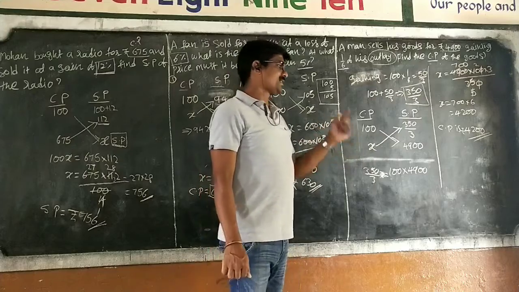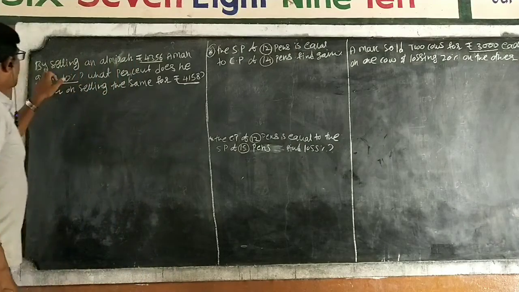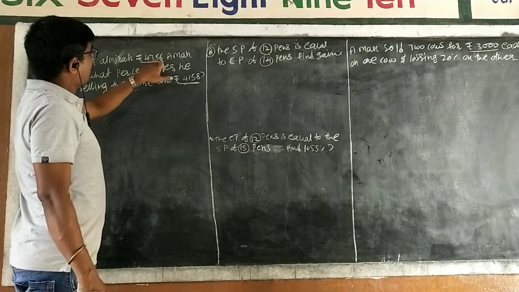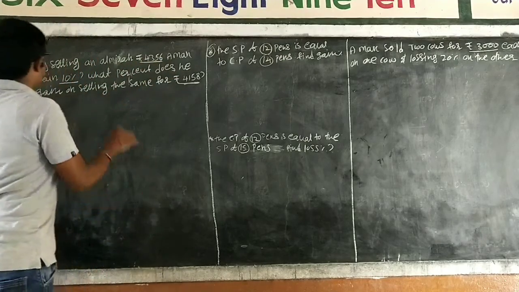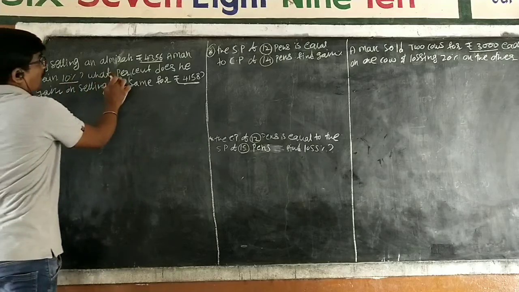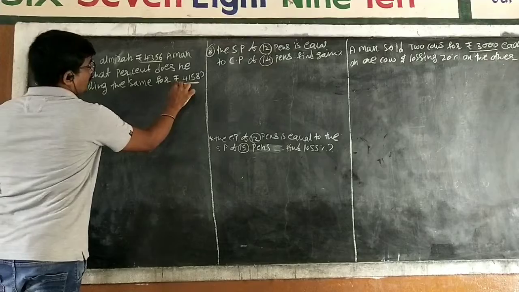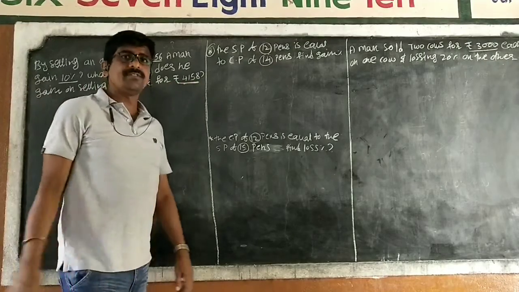Okay. Next. By selling an almirah for rupees 4,356, a man gained 10%. What percent does he gain on selling it for rupees 4,158?